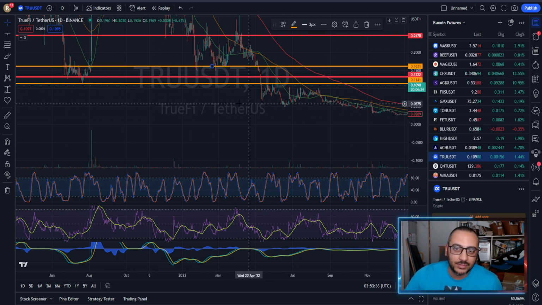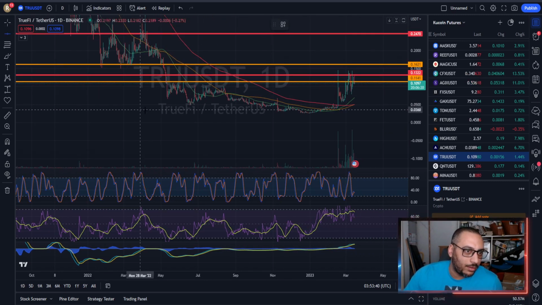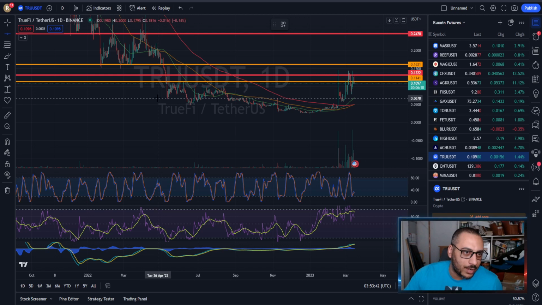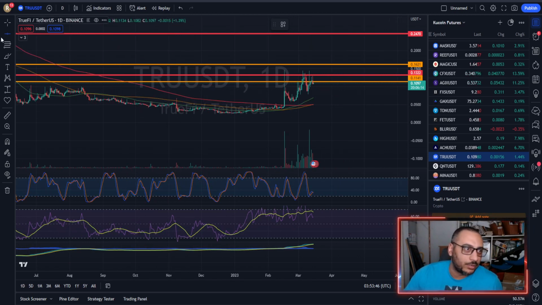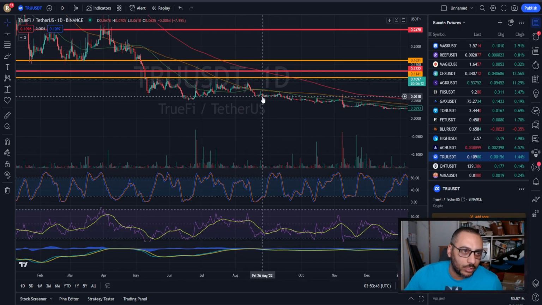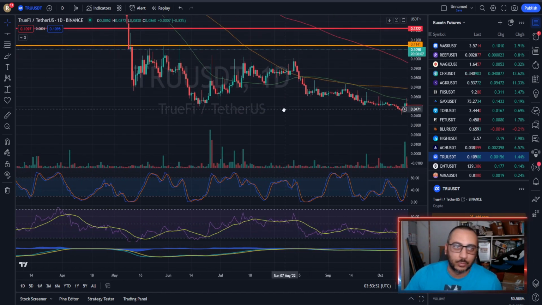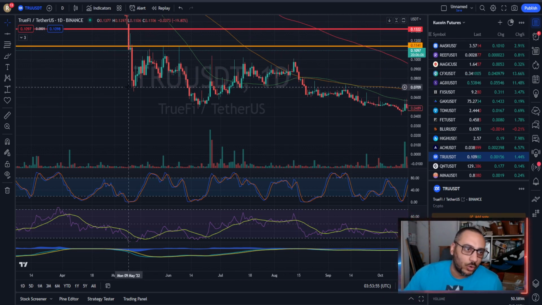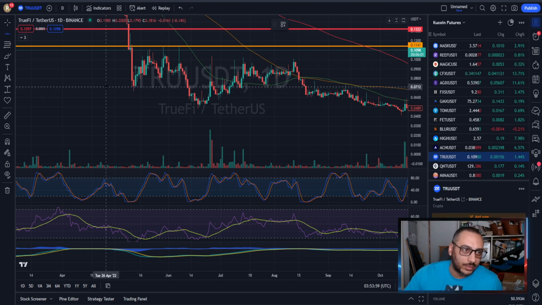Now these are all the levels I need to worry about in the short term, as well as this one right down here. We're going with the candle close. So anybody who doesn't understand what I'm talking about when I say candle close, the wick is not as important when it comes to the support and resistance level, but you're going to look at the closes because these closes are actually where a lot of wicks will end up coming down to.